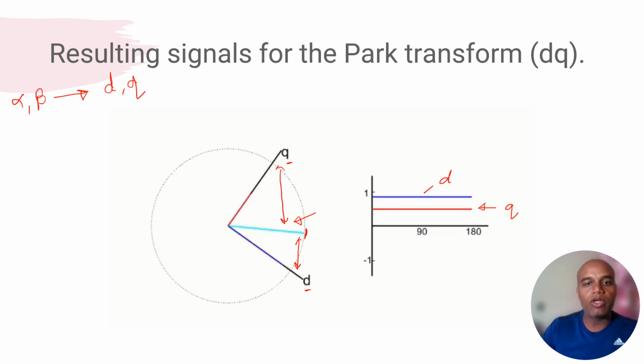So looking from this arbitrary vector, if I check the D or Q, it seems that they are not varying, they are constant with respect to time. Therefore, this is converted from three phases to two phases, and now to the DC value. This is done by the Park's transformation. Now we will see how it is converted, and we will see the derivation of it.